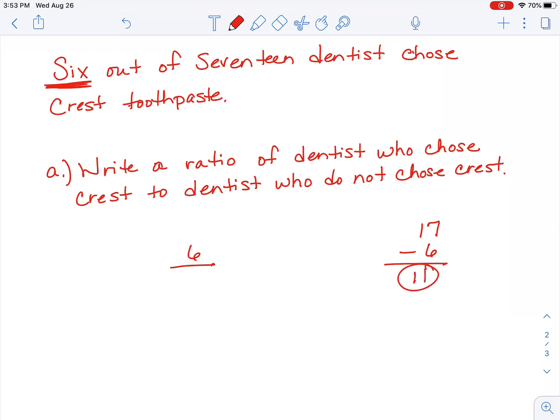That would leave 11 that did not. 6 to 11. Do you see where I got that 11? I knew there were 17 dentists in all because it was 6 out of 17. Take away the 6 that chose Crest. That left 11 that did not.